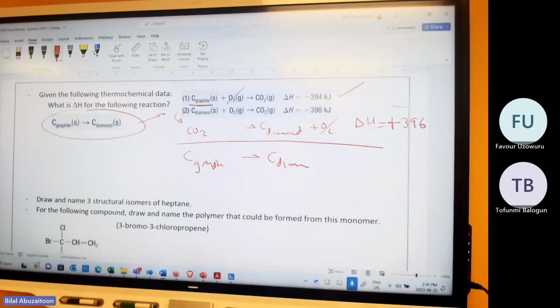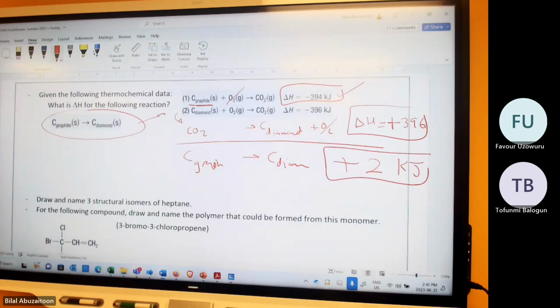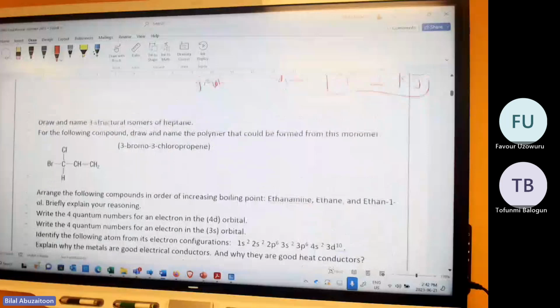We flip this and add them together: plus 2. 396 minus 394, just 2 kilojoules, right? Yes. Good. Okay, next.